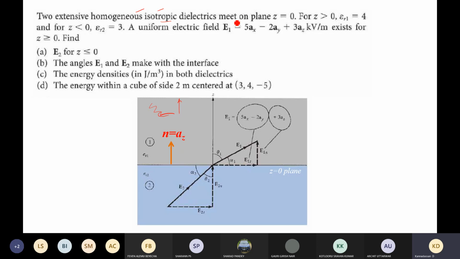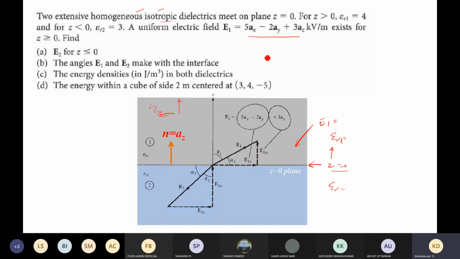Now there are two media, and these media are meeting at the z equal to 0 plane. Just above the z equal to 0 plane, we have dielectric constant 1, and we have dielectric constant 2 on the other side, whose value is also given. Now there is a uniform electric field in medium 1, so in medium 1 we have the electric field E1, and its value is already given.